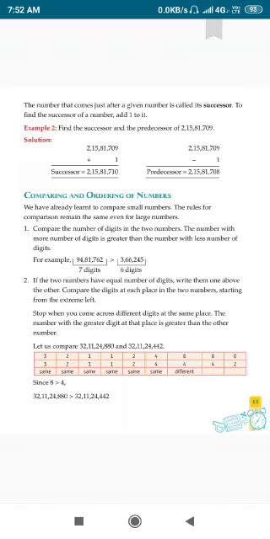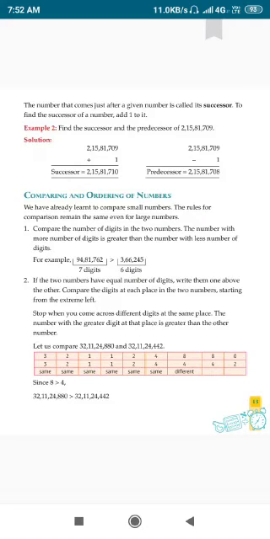Let us compare 32 crore 11 lakh 24,880 and 32 crore 11 lakh 24,442. Here, arrange the numbers in the place value chart. In the crores period, the 10 crores place 3 is the same, and crores place 2 is the same. In the lakhs period, 10 lakhs place 1 is the same, and lakhs place 1 is the same.